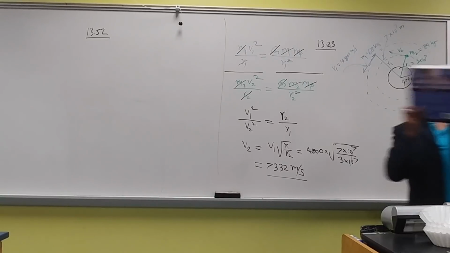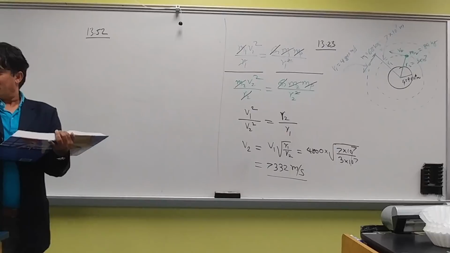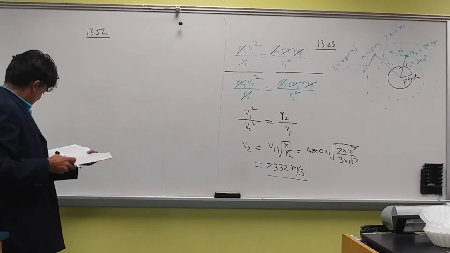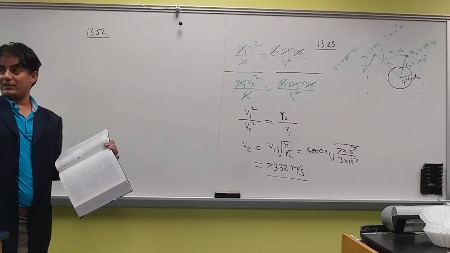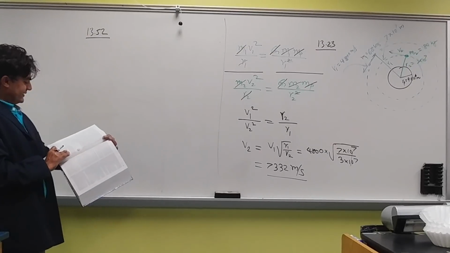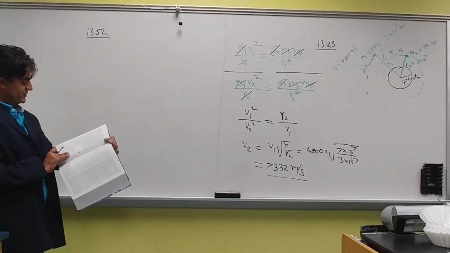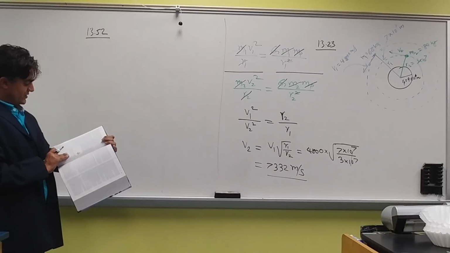What's the question? Let me bring the question, okay? It's a 3-star question, by the way. What it says is a landing craft with mass of 12,500 kilograms is in circular orbit above the surface of a planet.